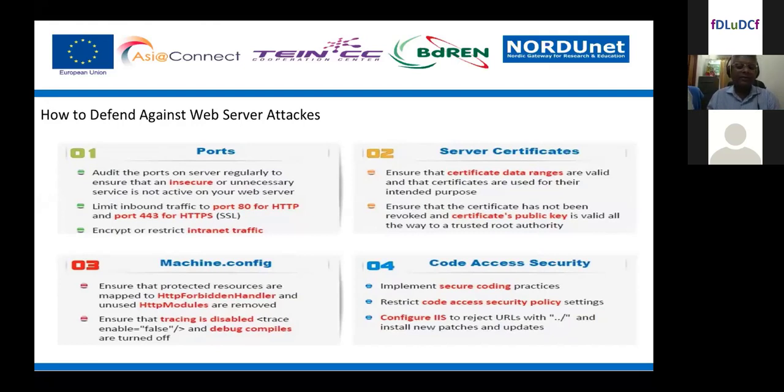And number 3 is machine.config. What you can do is make protected resources map to the HTTP forbidden handler, and unused HTTP modules are removed. So you have to protect the HTTP forbidden handler, and as well as you have to remove the unused HTTP modules.